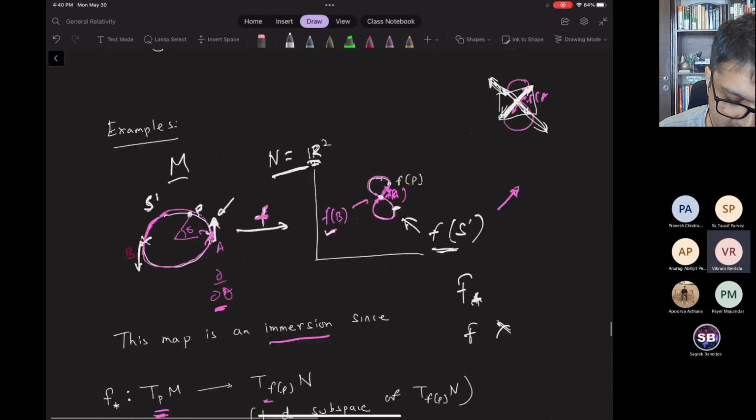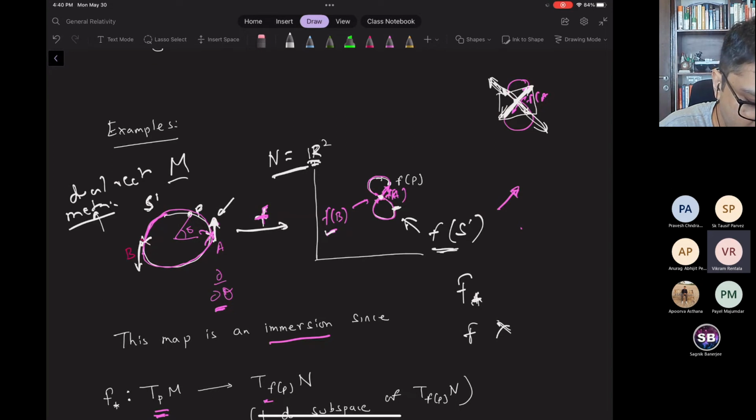Basically, I'll just say briefly. The idea is that there are two different ways to construct the vector here. One is by pulling back a dual vector, pulling back the metric, and then using this metric to raise the index of the dual vector to get a vector. The other way is if there's a diffeomorphism between this and its dual map, then you can directly take a vector here and push forward using the dual map.